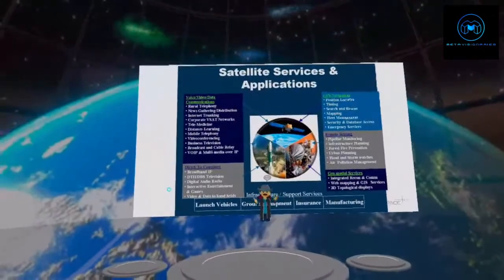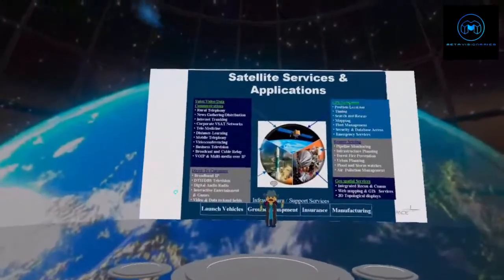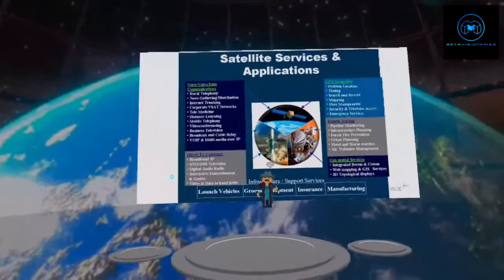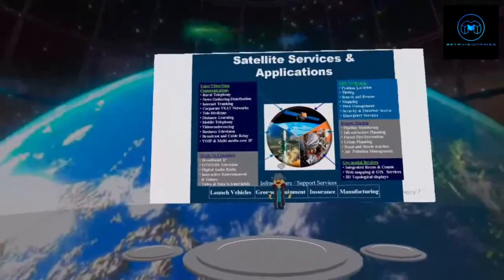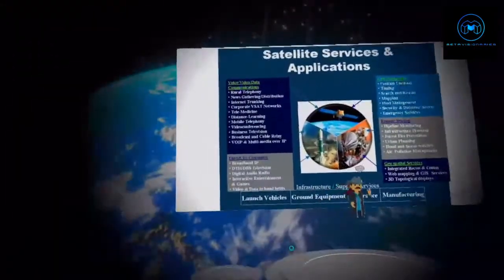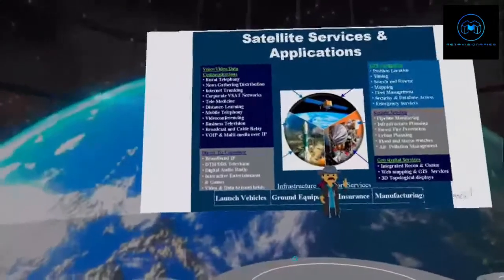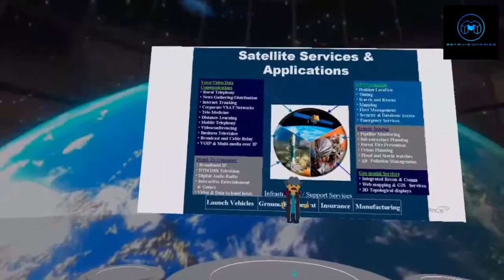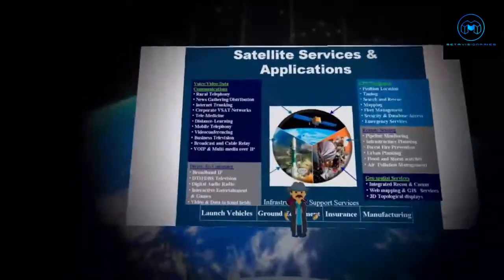So here on this very busy slide, but it's a big screen behind me, so you can actually read this. These are the primary satellite services. And as I said before, satellite applications of space exist because of these.